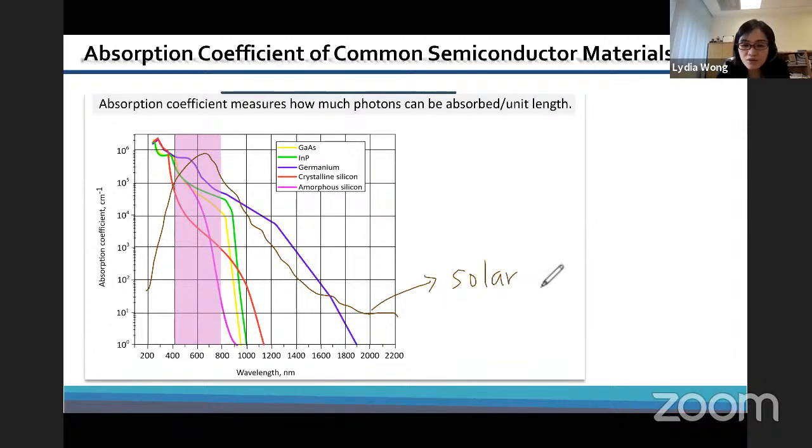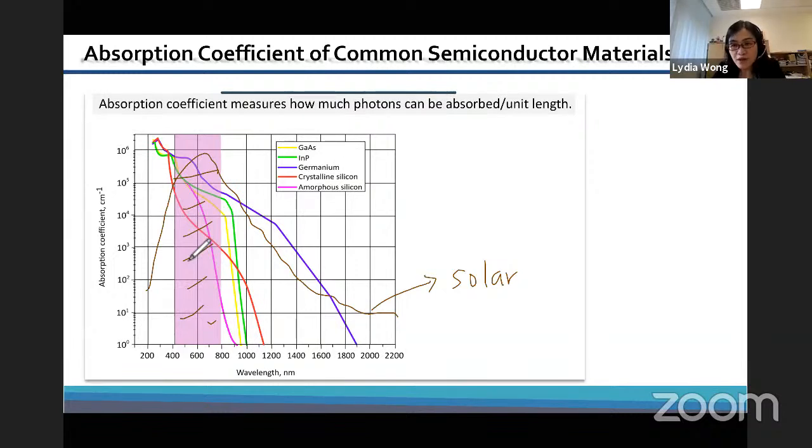This is what the sun emits. So you see the peak is in this region. So if you can absorb as many photons as possible within this range, you are absorbing the most from the sun. And because gallium arsenide has a higher absorption coefficient compared to these two, it actually has a higher efficiency than amorphous silicon and crystalline silicon.